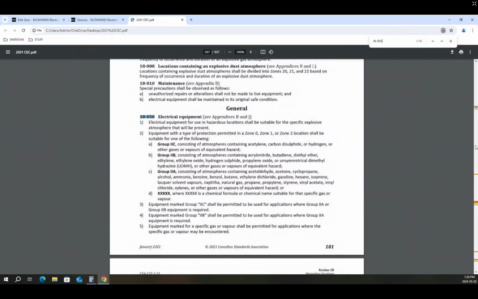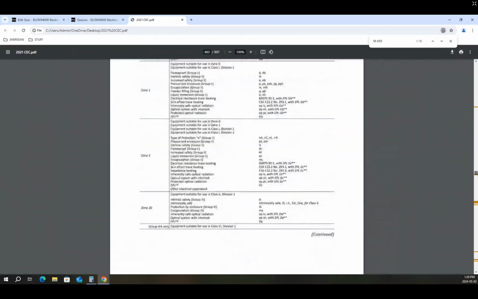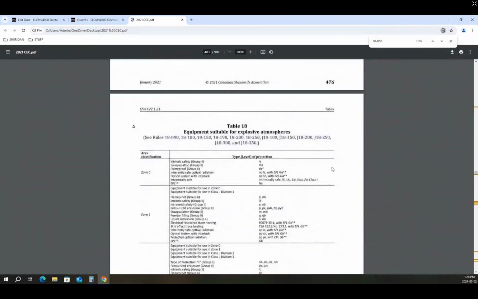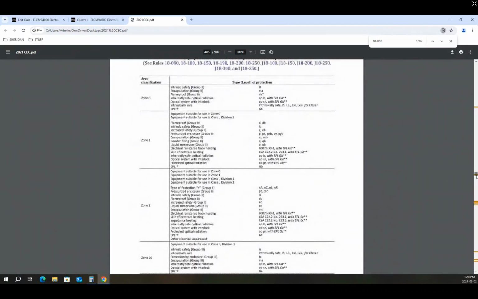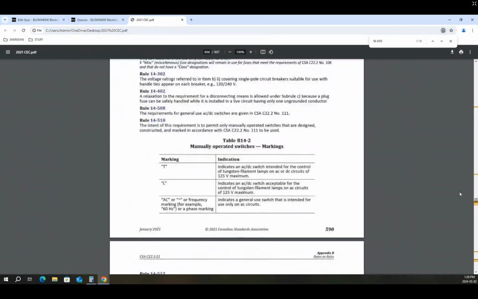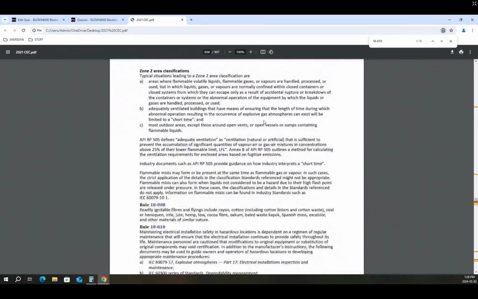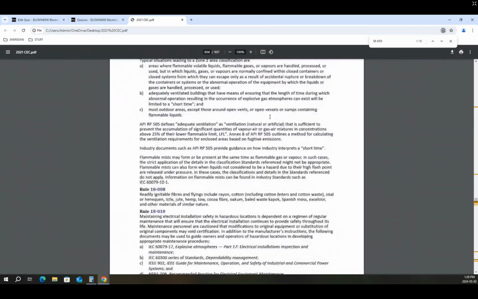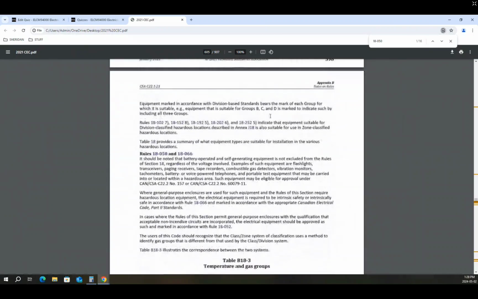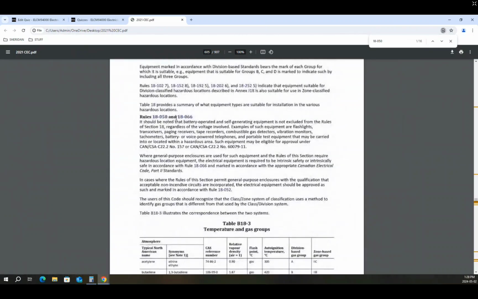So I have to go to Appendix B. That's tables. Appendix B. It should be noted that battery operated self-generating equipment is not included.